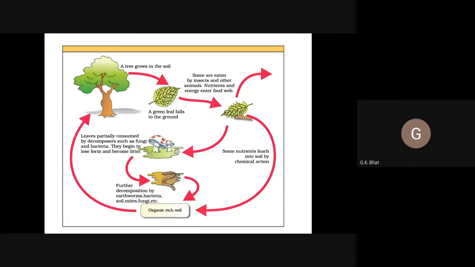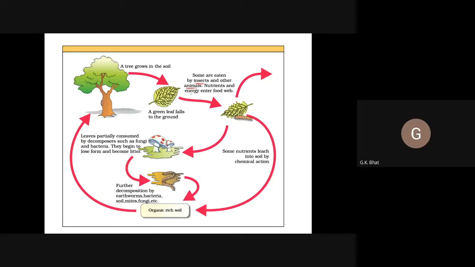Earthworms may come and eat that. Some are eaten by insects, some by earthworm-like animals. Insects are also animals. There are so many different creatures to feed on that, your snails, slugs, so many. So these are eaten by insects and other animals.